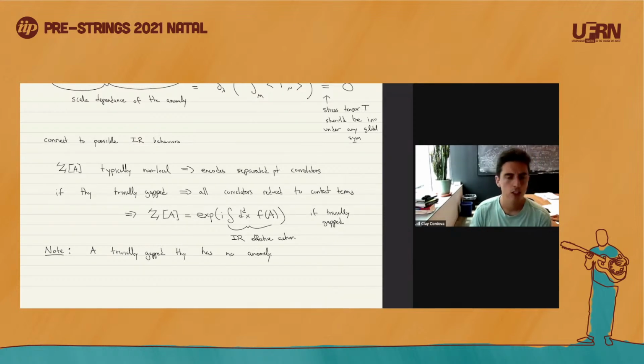This is just by definition, because anomalies were all the things that we couldn't remove by adjusting the local counterterms. But here you see that in the infrared of a trivially gapped theory, the whole effective action is a local counterterm. So of course you can remove any anomaly by adjusting the local counterterms.